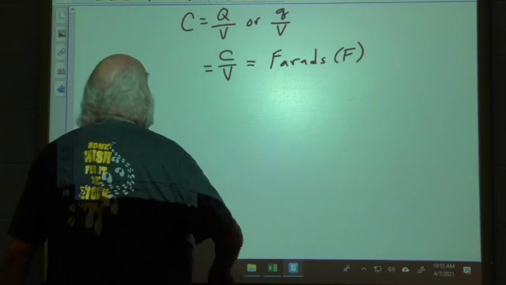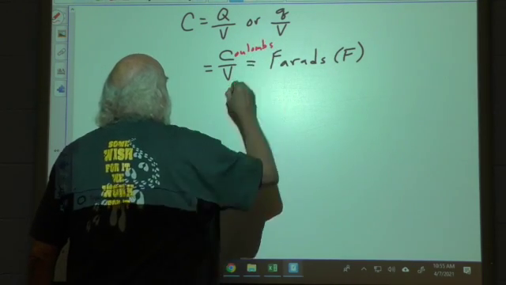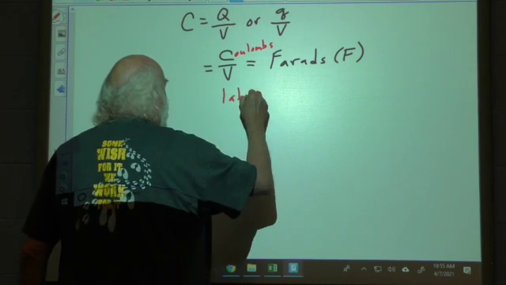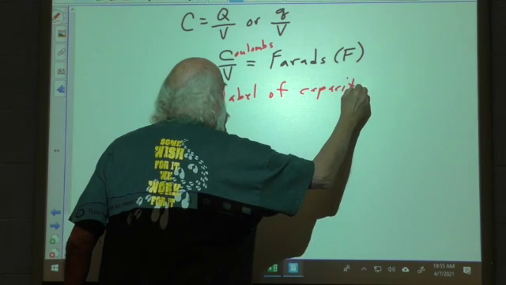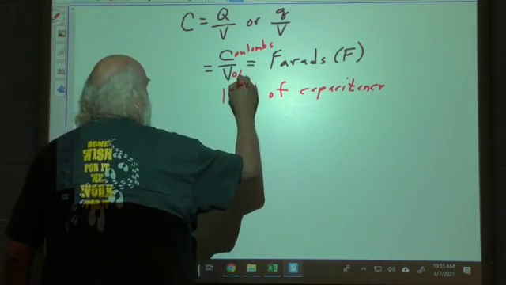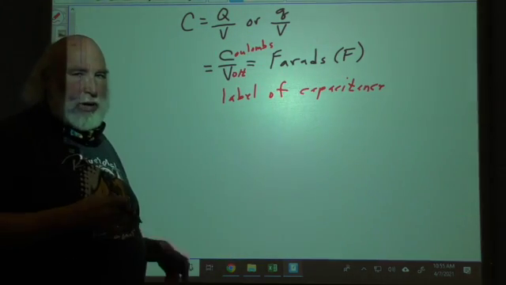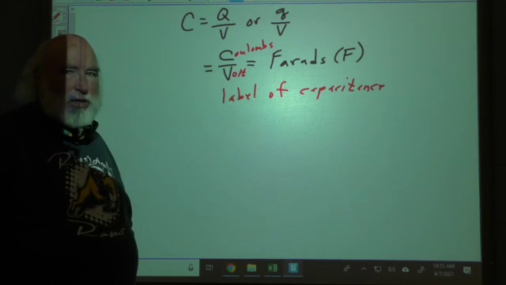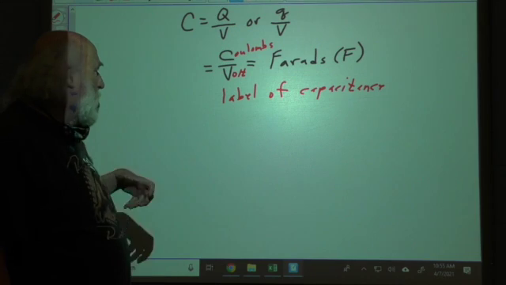In fact, I'll just write that right here, because this is describing the label of capacitance. And of course, V stands for volt. So coulombs per volt is technically what you're measuring in your static electricity within your electrical system that's holding the charge.